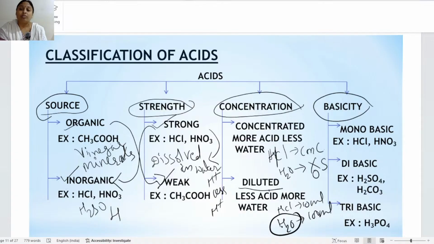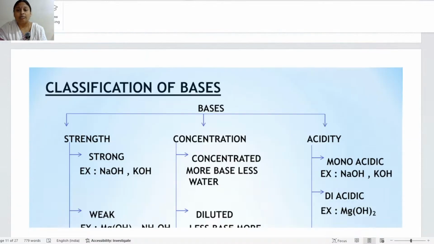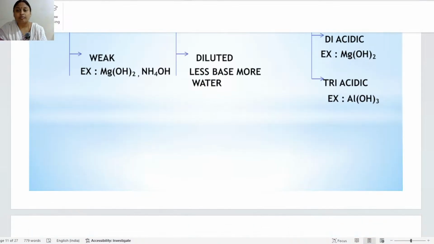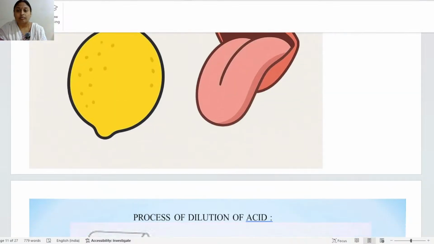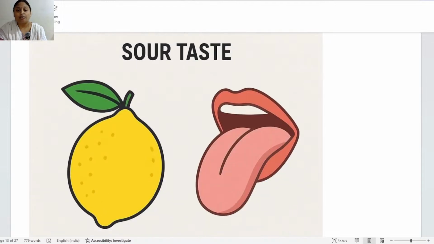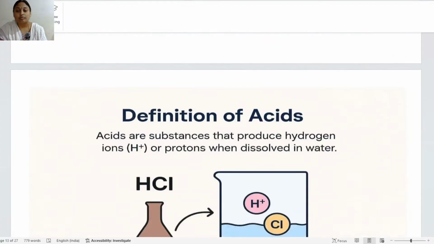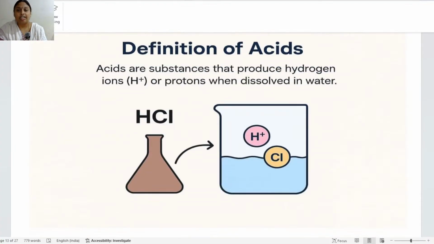So now we will go for basicity. But first, see here, earlier I said acid dissolves in water. How is it dissociated? Into H plus and Cl minus.